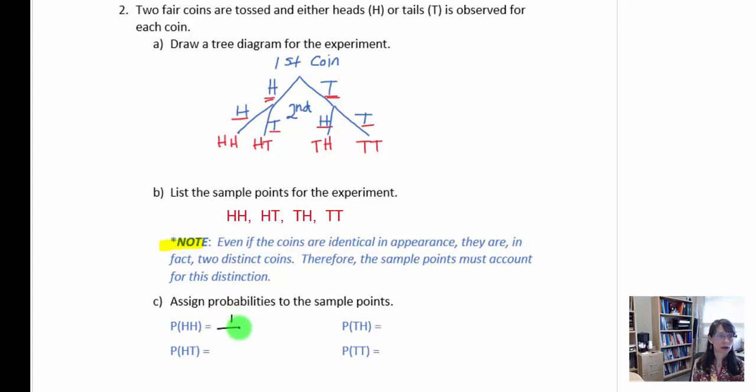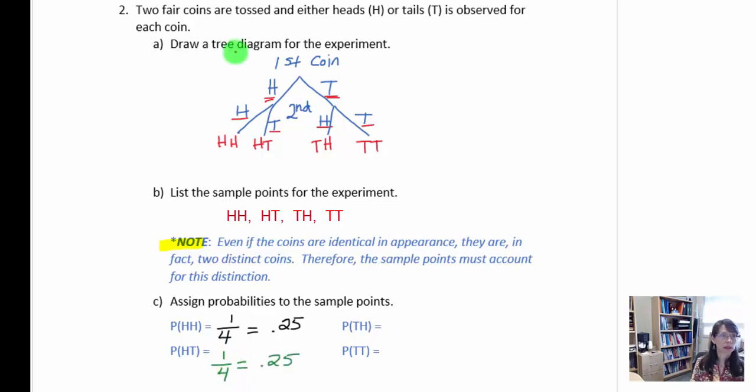So 1 out of 4 is the probability for heads, heads. If you convert that to a decimal, then you'd have 0.25. The next probability is the probability of heads, tails. Going back to the sample points, only one of our sample points is heads, tails. So that would be 1 out of 4, which is also 0.25.